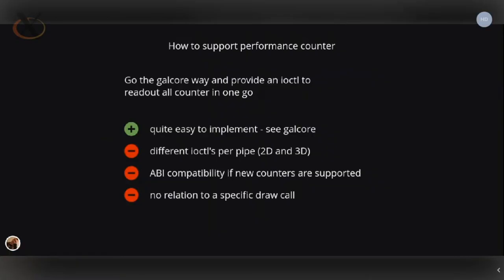Keep in mind, the CPU and the GPU are not synchronized to each other. So the time when you sample the performance counter values in one go might not really reflect what you're looking for. It might be before your draw call, after your draw call, or in the middle of the draw call. So you only get the rough overview picture of everything and not a really zoomed-in view of one draw call. So that was no way for me to add support for performance counters.